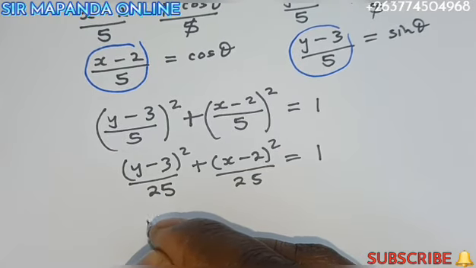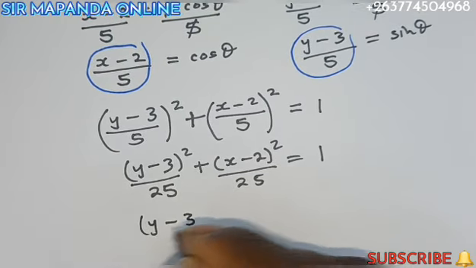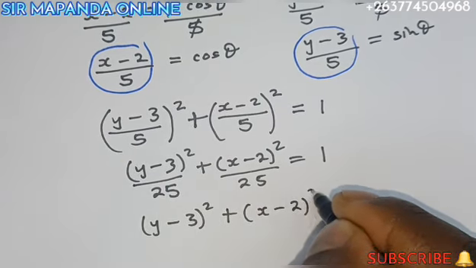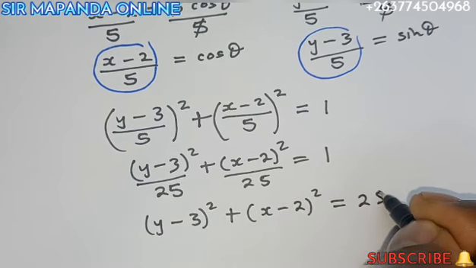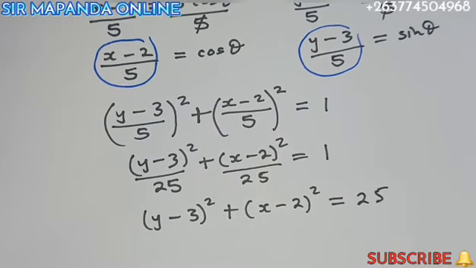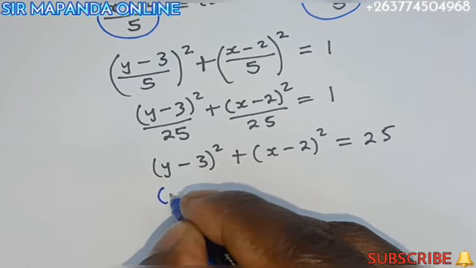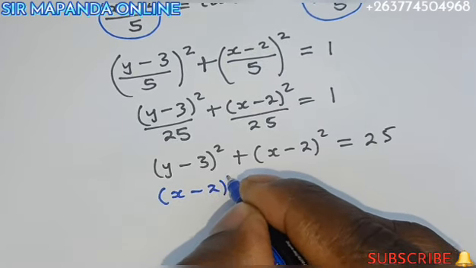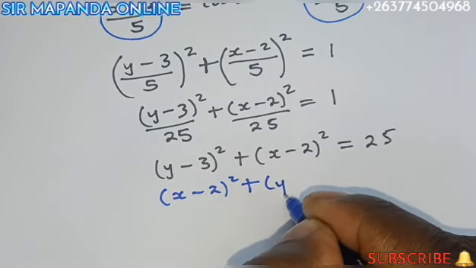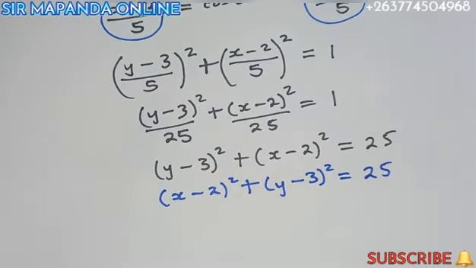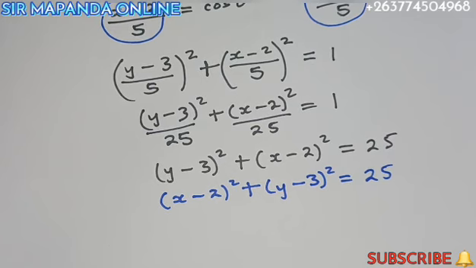It gives you y minus 3 squared plus x minus 2 squared is equal to 25, multiplying each and every term by 25. I hope you are following. So starting with the second bracket, you get x minus 2 squared plus y minus 3 squared is equal to 25. And this is the Cartesian equation of the curve.